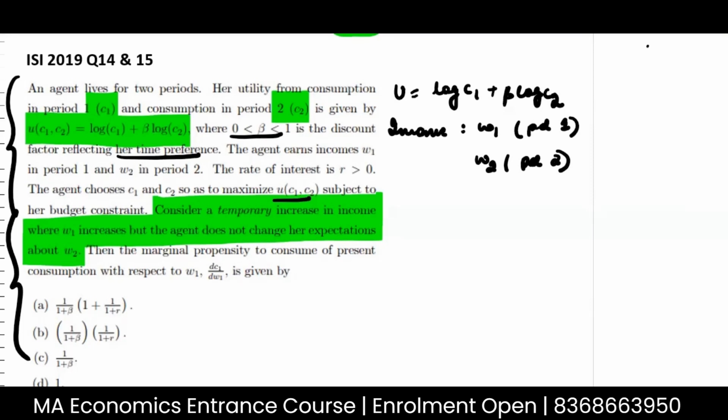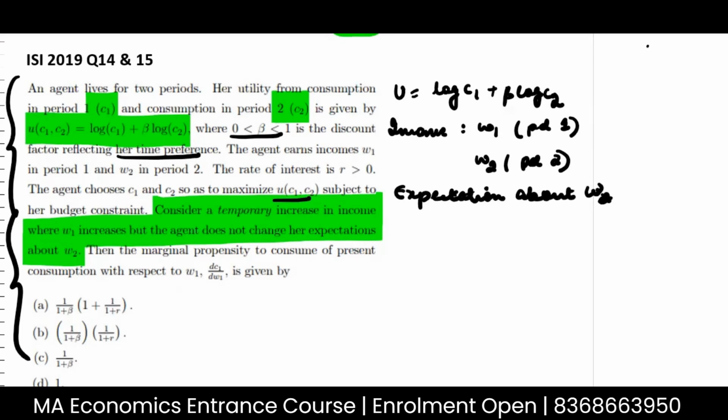He will not expect that his salary will increase in every period. So his expectation about wage in period 2 is unchanged. It's just that W1 increased.